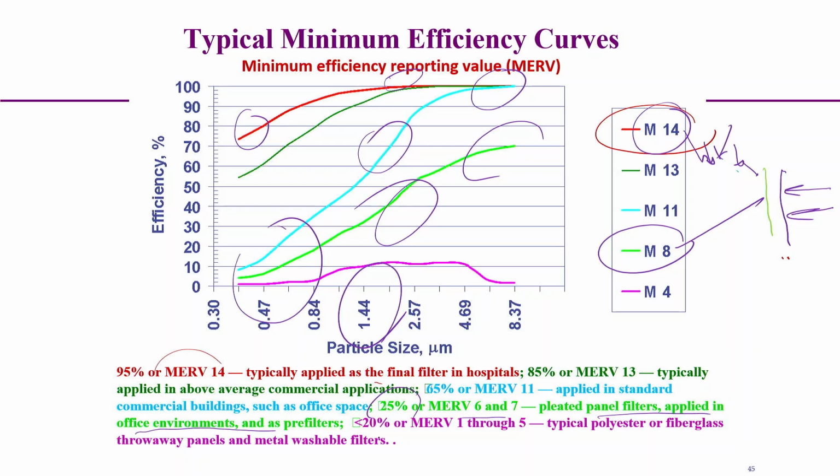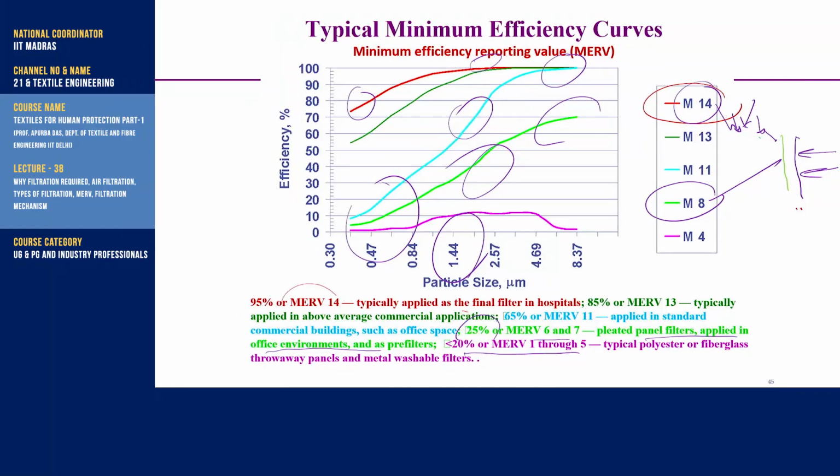MERV 1 to 5 is typically polyester or fiberglass, used for very large particles, and they are basically washable, like metal mesh, so washable filter. So, large particles it arrests only. These are the typical range of MERV.